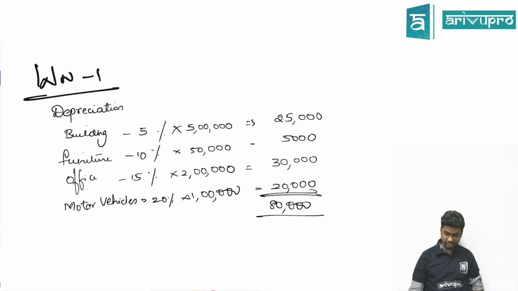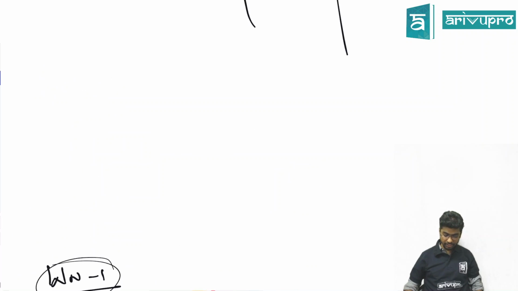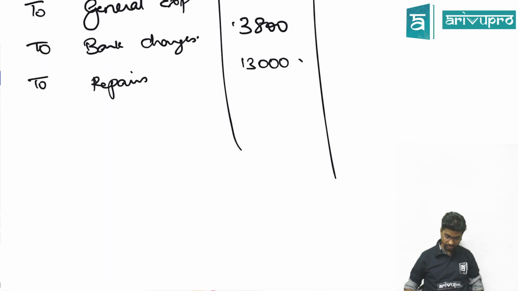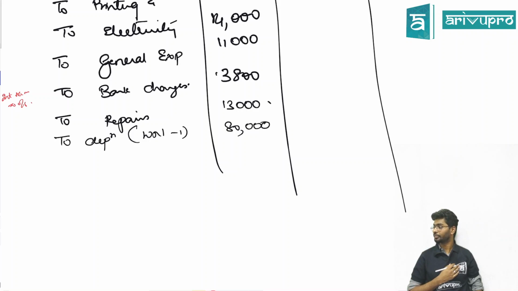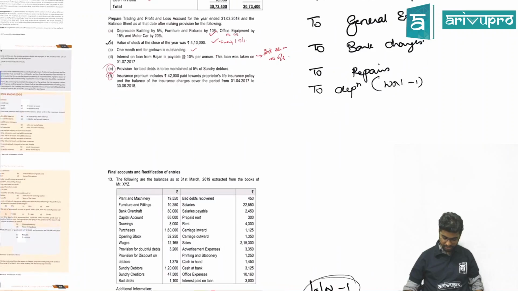Fine. This is my working note number 1. So see here guys, how I write it is, here I will write to depreciation, in the bracket working note number 1. To depreciation, working note number 1, how much? 80,000. Are you clear?